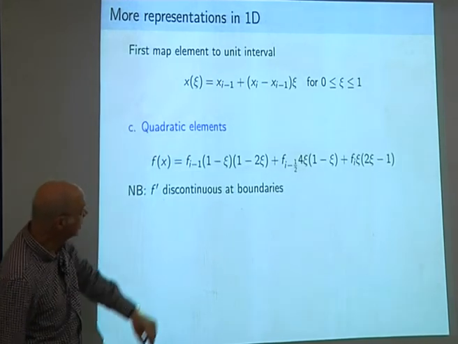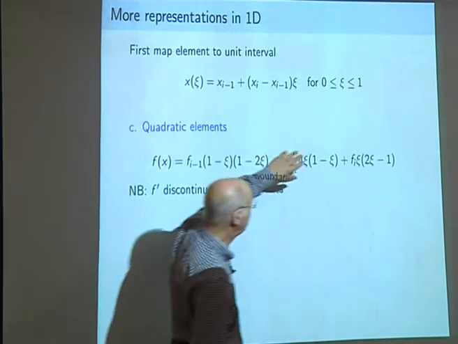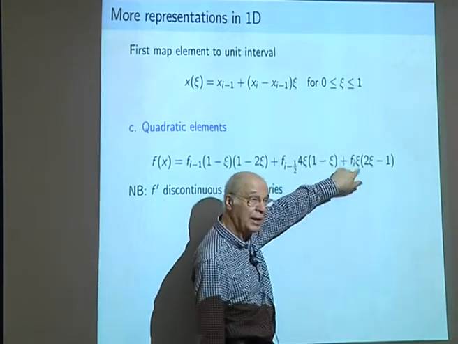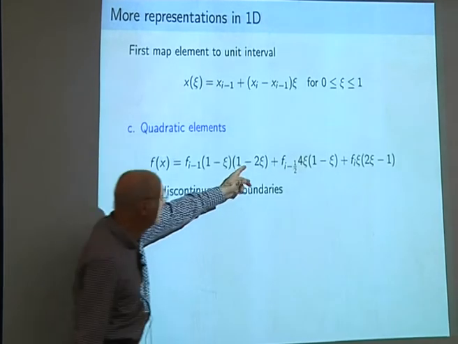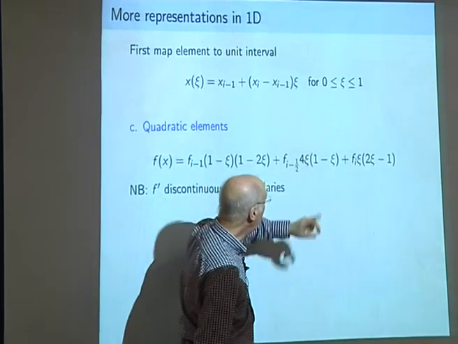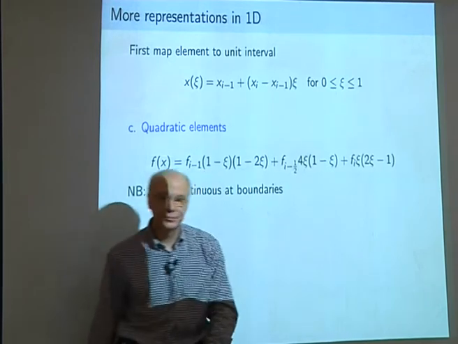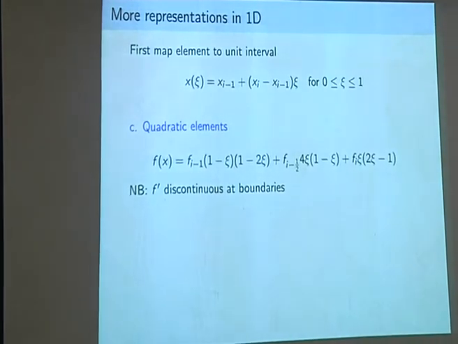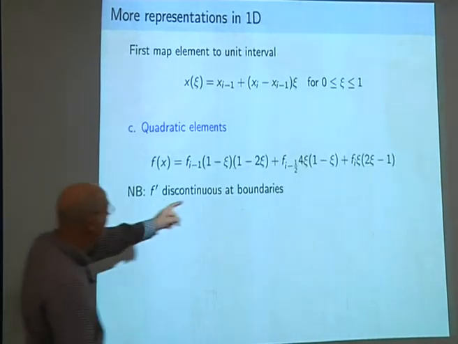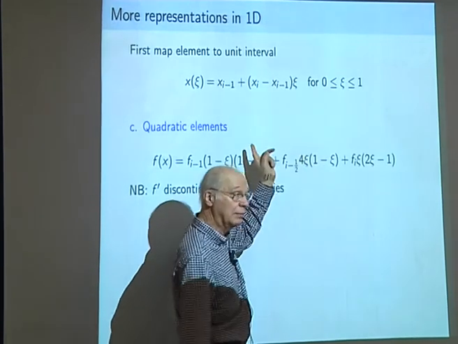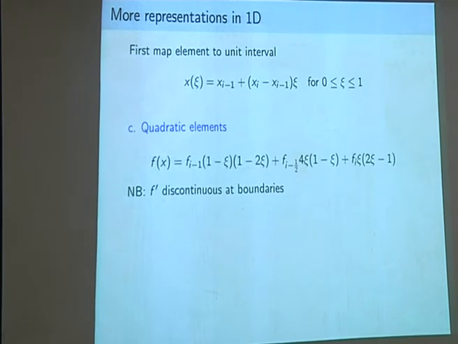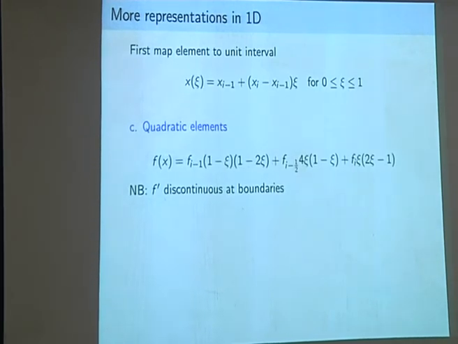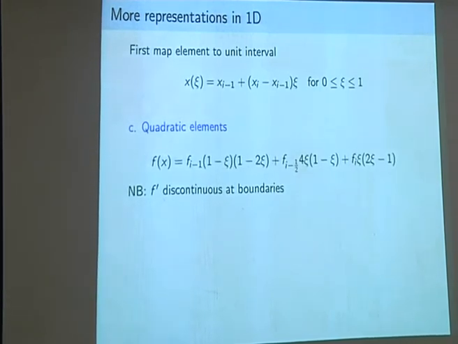At the other end, at xi equals 1, that vanishes, and it's f(i). And in the middle, at xi equals a half, this vanishes, and this is a half. Sorry, this is a half times 4 is 1. So it's equal to f at i minus a half. Okay.